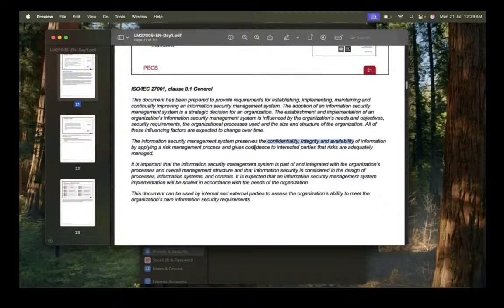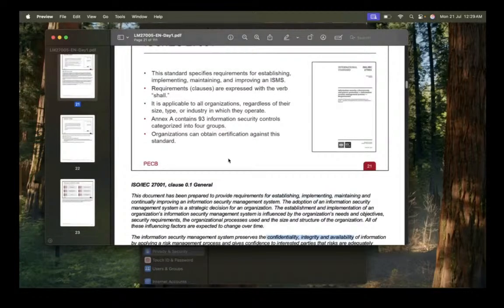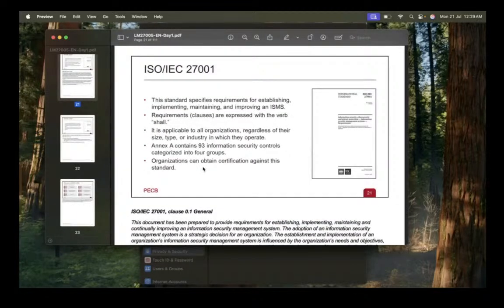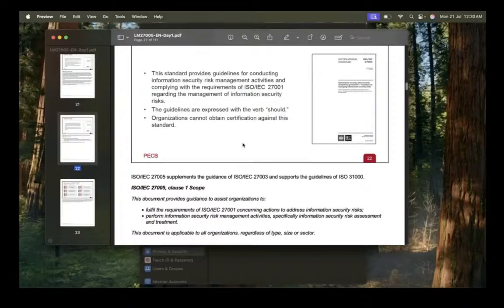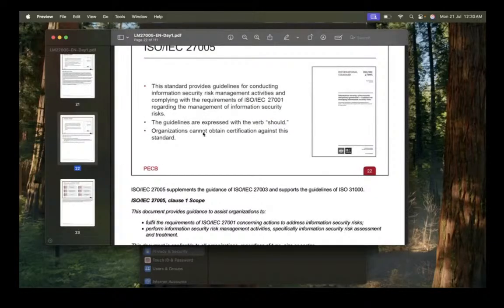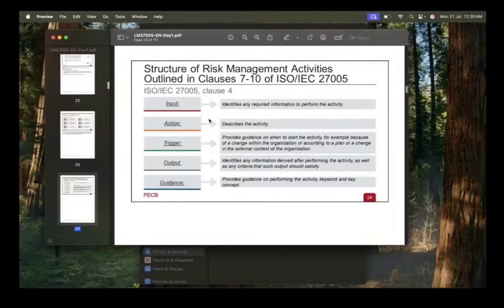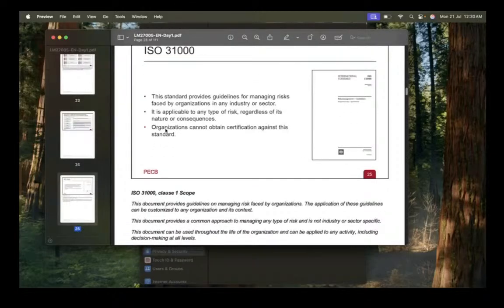Yes, any organization can take it, no matter what size or type. Great, you are right. So organizations can obtain certification against 27001. Now, since we're discussing 31000, organizations cannot obtain it. So out of these three, only one can be certified.